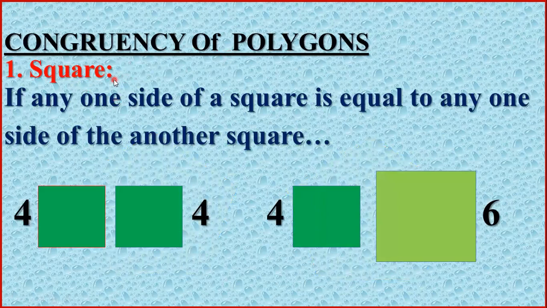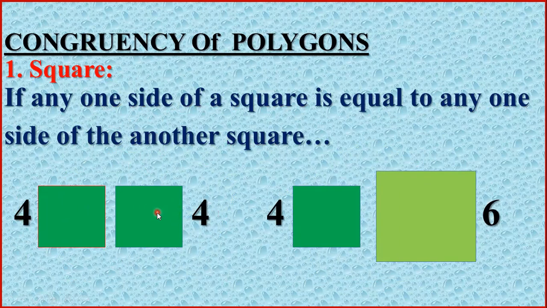Congruency of two squares. If any one side of a square is equal to any one side of another square, then they are congruent. Here the length is 4. Here also the length is 4. Therefore, these two are congruent. Their areas will be same, 16.